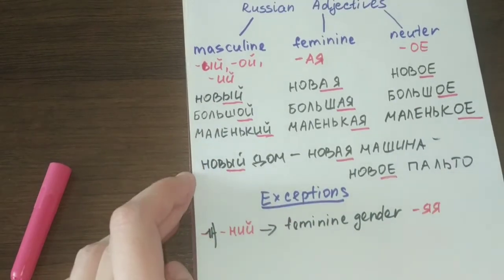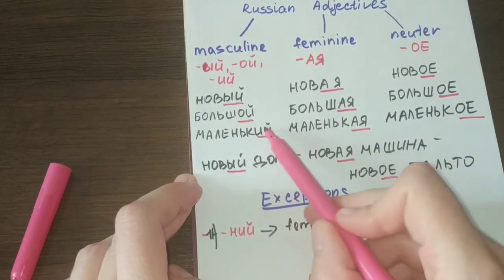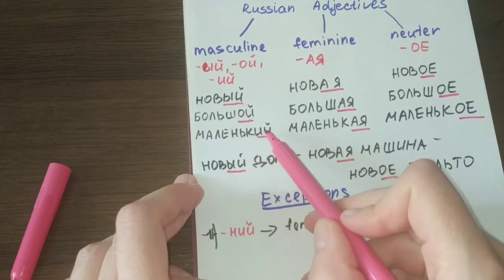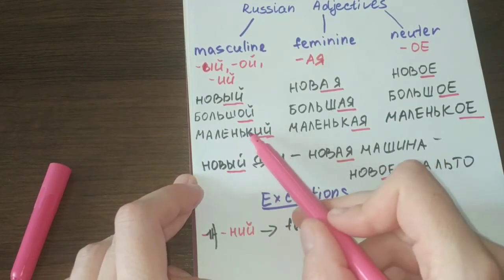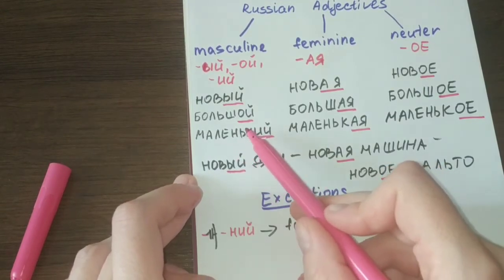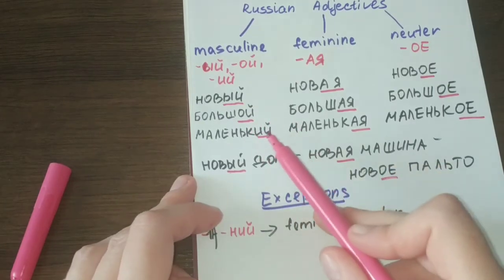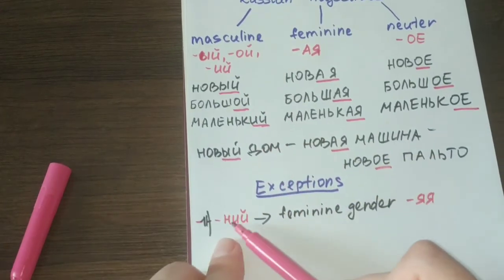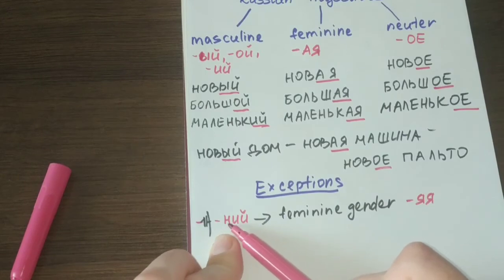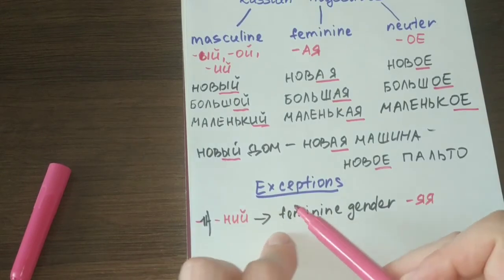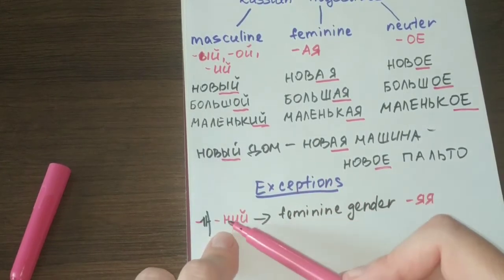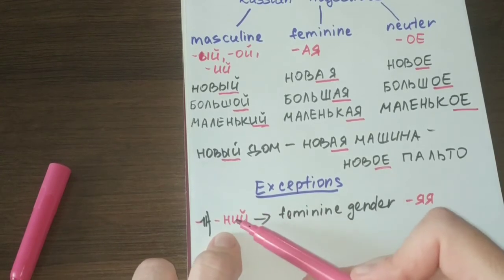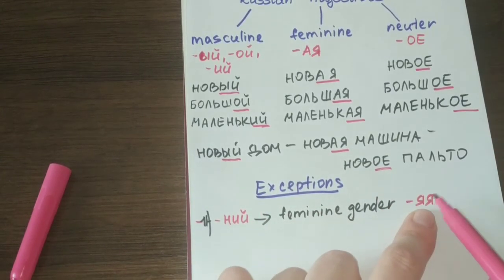We have already talked about the e ending, but in this case, the ending e may be preceded by whichever consonant, it doesn't matter, but when it is preceded by the consonant n, so we get ni, the feminine gender transformed from this masculine form will be ending in ya.